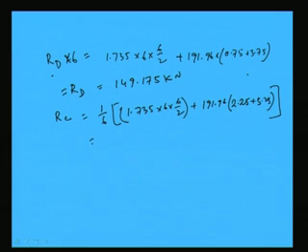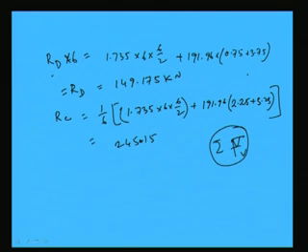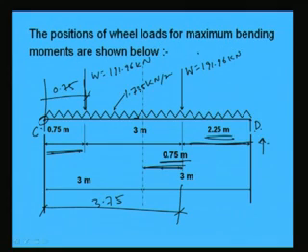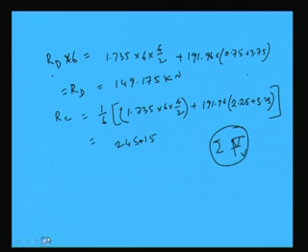So, this is becoming 245.15. Otherwise, we can make summation of FV, that means the total load along the vertical direction. So, we know total load is this one plus this into L, minus RD will become RC. So, this way also we can find out.